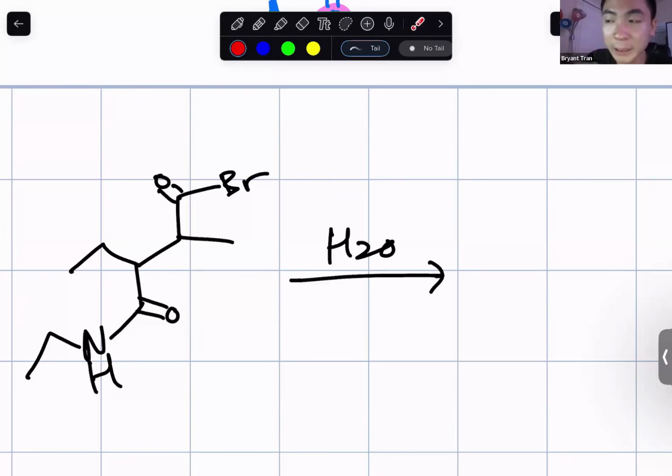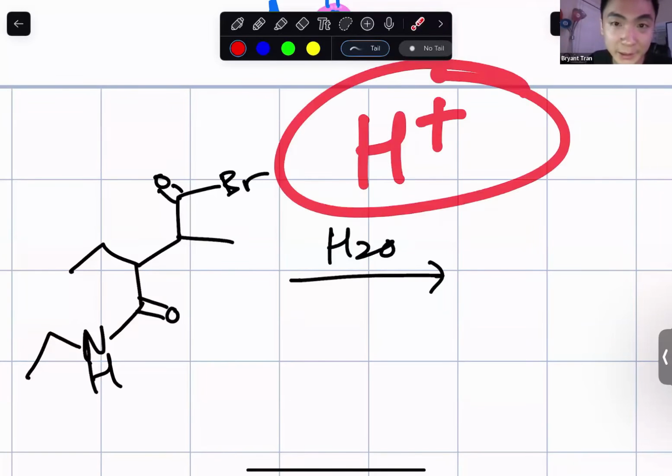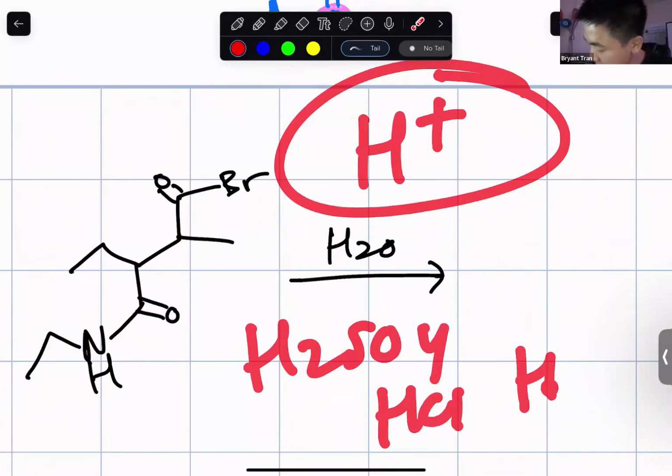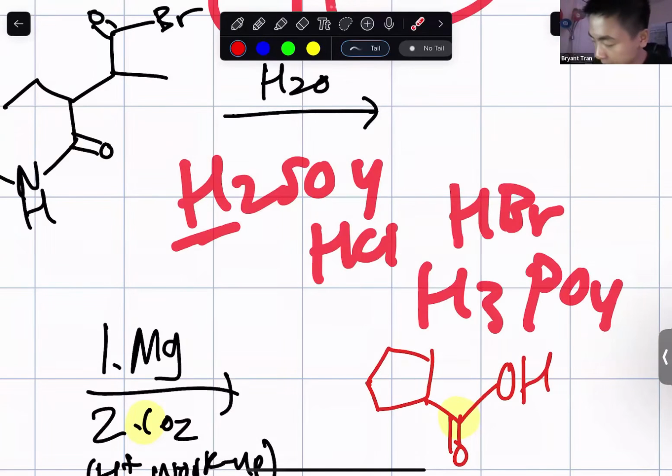And you notice how both of those acidic conditions have H on them? That H right there is going to be the proton. So whenever you see H, that's most likely going to be acidic conditions, like H2SO4, HCl, HBr, H3PO4. A lot of these with H's are going to be acidic conditions.